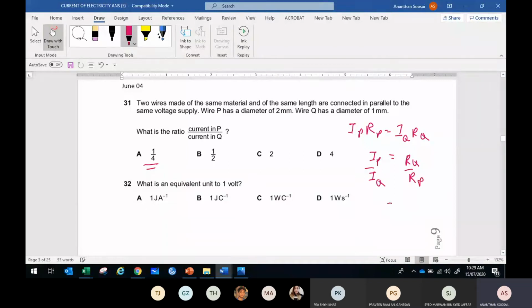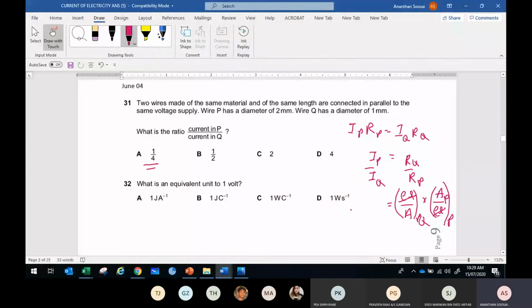So R changed to what? Rho L over A of P, multiplied by A over rho L of Q. Okay. So rho L for both is the same. So cut.